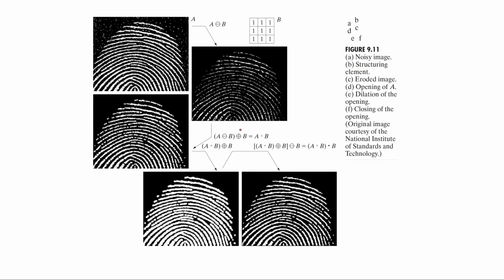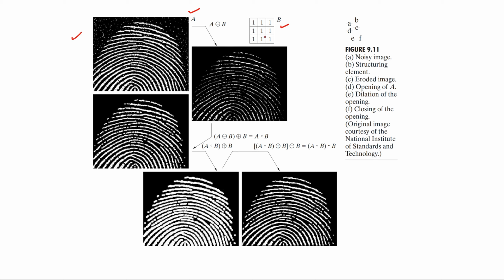In this diagram, I have taken this example from the textbook. We have a fingerprint which has certain noise in it which is not actually part of the fingerprint. I'm calling that image A. Now I am using a structuring element of a square shape which has all the elements equal to 1.